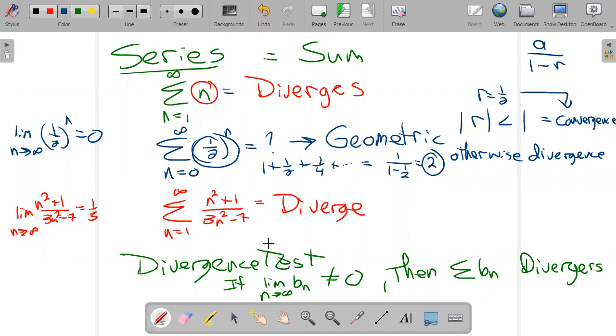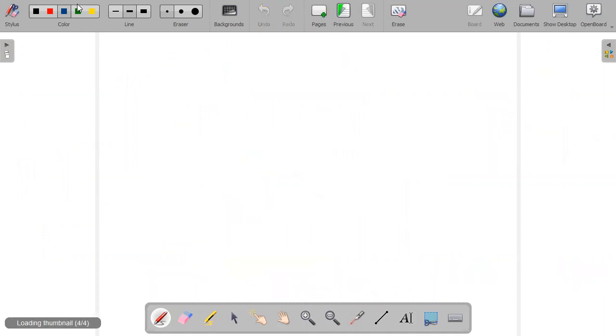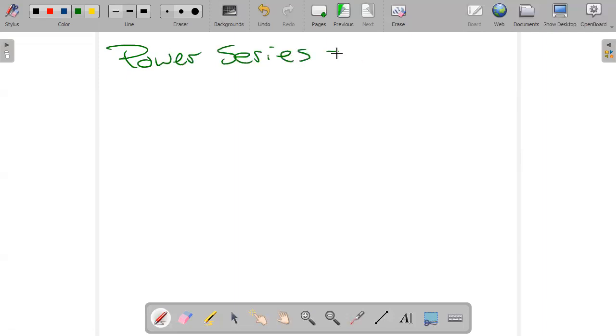We extended this idea one more time, right? We started with lists, then we looked at sums of numbers, but then we looked at infinitely long polynomials. Taylor series, or sorry, power series. Power series is an infinite polynomial.